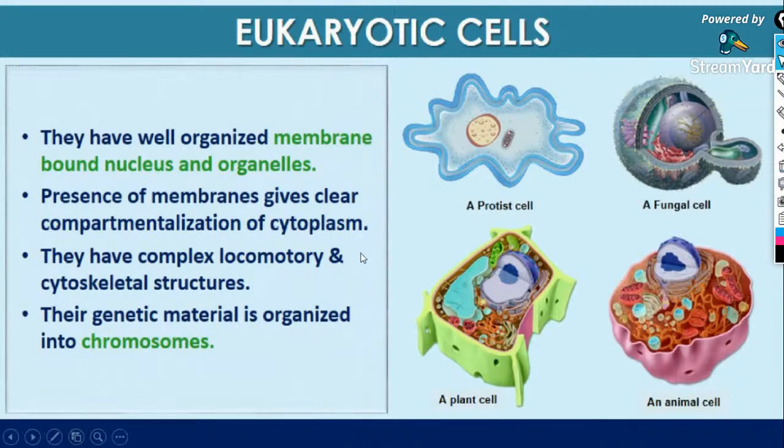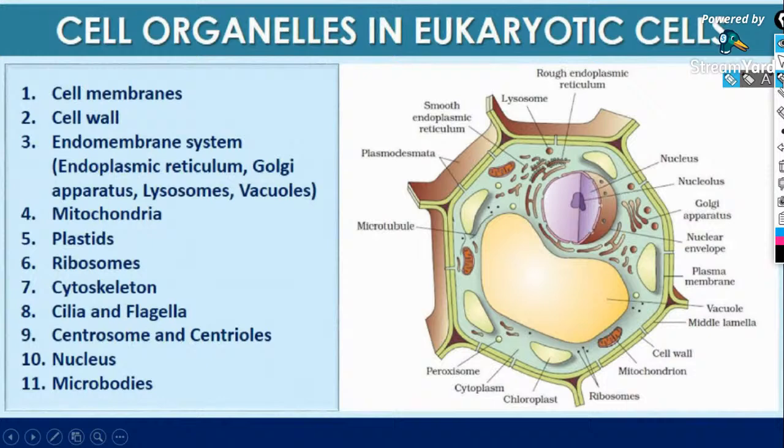Yes, everyone. So the cell organelles that we have to cover in eukaryotes are the cell membrane and cell wall. These two are the organelles that we are going to cover today. In the next class, we hope to complete the endomembrane system and mitochondria. The endomembrane system is a system comprising the endoplasmic reticulum, Golgi apparatus, lysosomes, and the vacuoles.